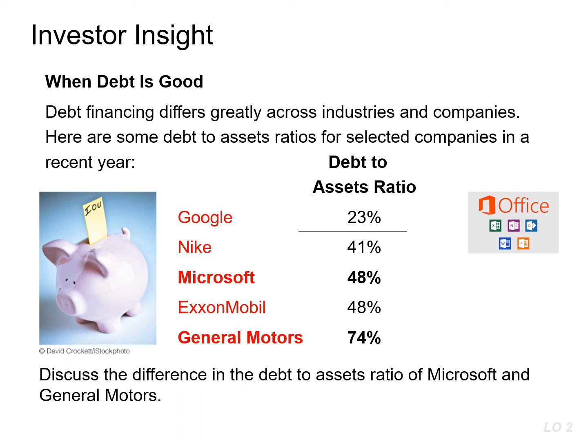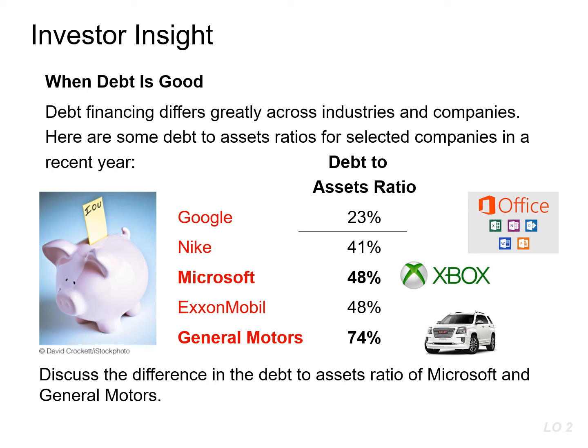I use Excel, Outlook, PowerPoint, and Word every day. My son would say he can't live without Xbox, and I have quarterly credit card statements that would prove that. GM, on the other hand, is responsible for the production of the GMC and Cadillac models, as well as other automobiles. Microsoft has a lower debt-to-asset ratio than GM.